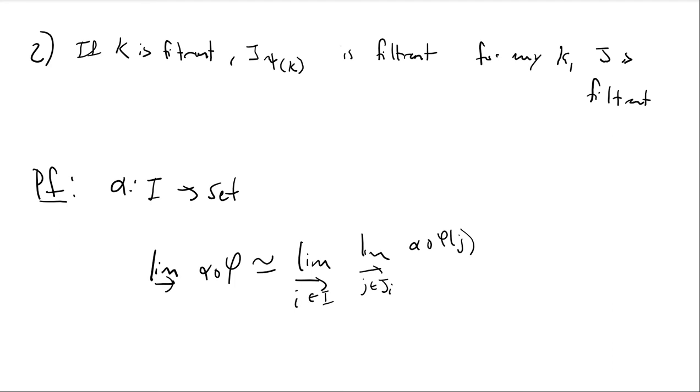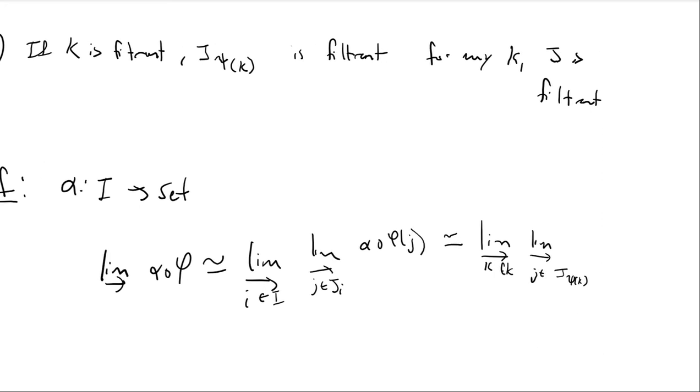This is our evaluation fact. And then this will be the same thing as the limit over k in K, and the limit over j in, I guess I want J_psi(k), of course, of alpha of phi j.